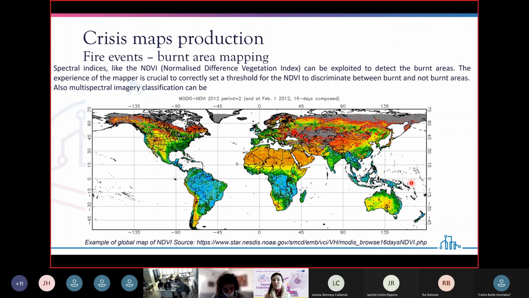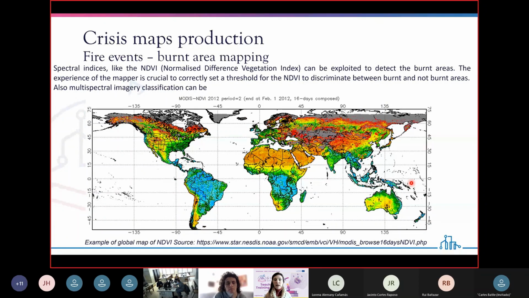Of course, this is an approximation, but combining it with the pre and post event comparison and the experience of the operator, we should be able to detect where the burnt areas are. And this is what you are going to do in the exercise this afternoon.